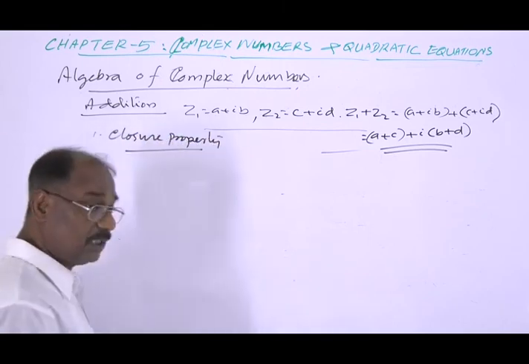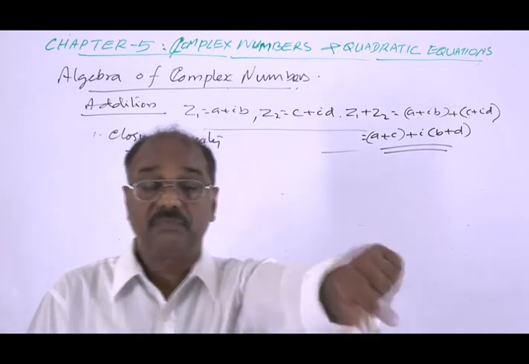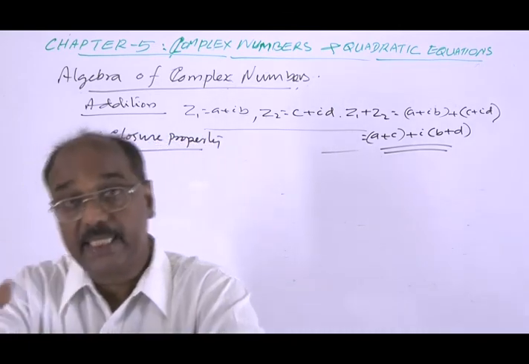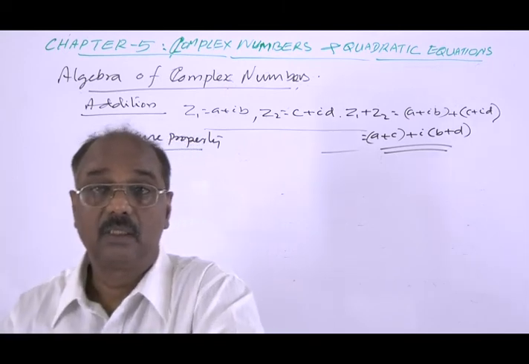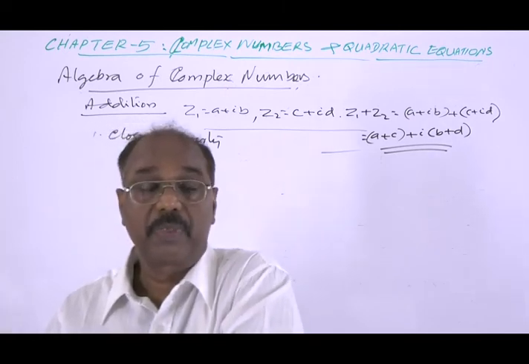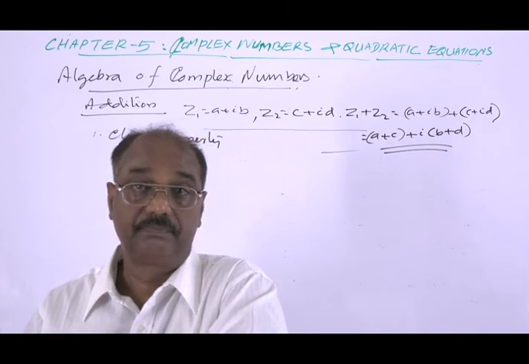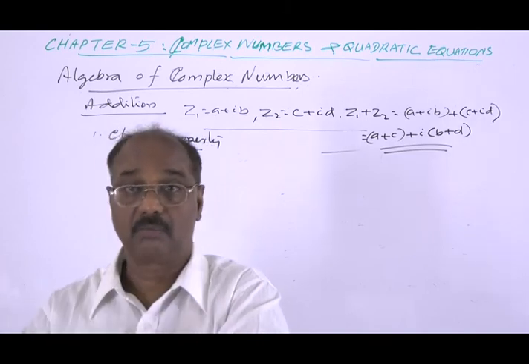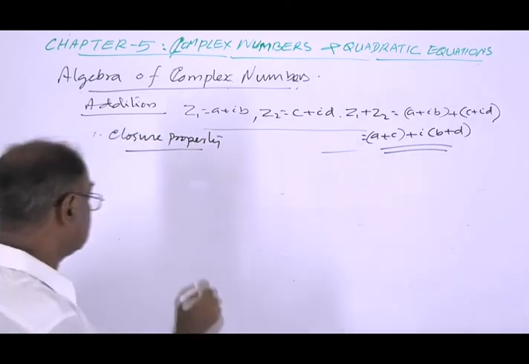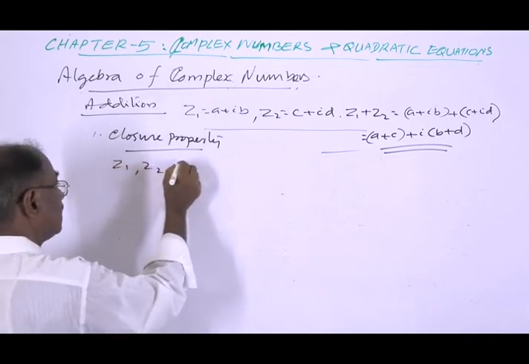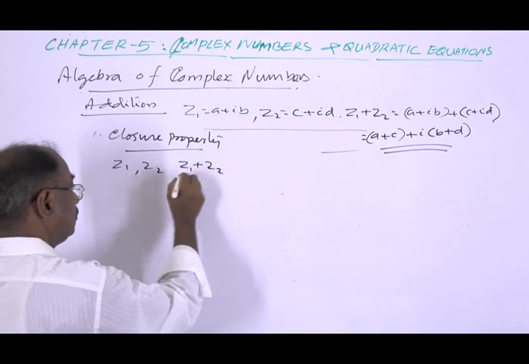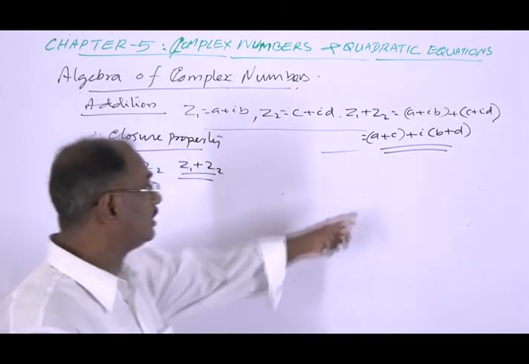So the closure property is this. If the sum of two complex numbers is again a complex number, we say the closure property is satisfied. Consider two complex numbers Z1 and Z2. Then their sum is Z1 plus Z2, defined in this way.